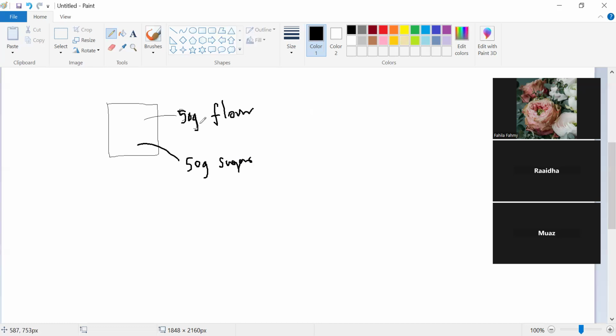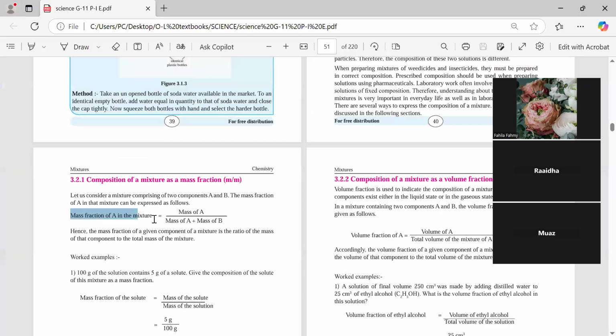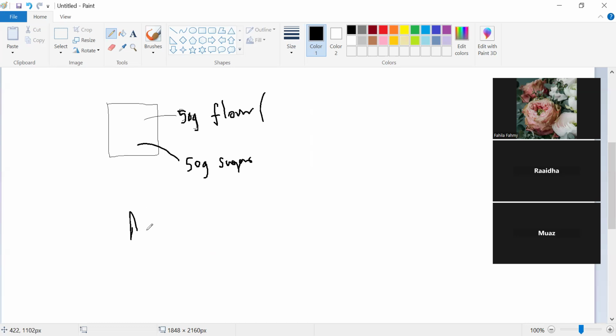Okay, Puta, 50 grams of flour, 50 grams of sugar. If you go back to the textbook, you can see it here clearly: mass fraction of A in the mixture. So if I write it, the mass is measured in grams. Agreed? You know that already, right? Grams.